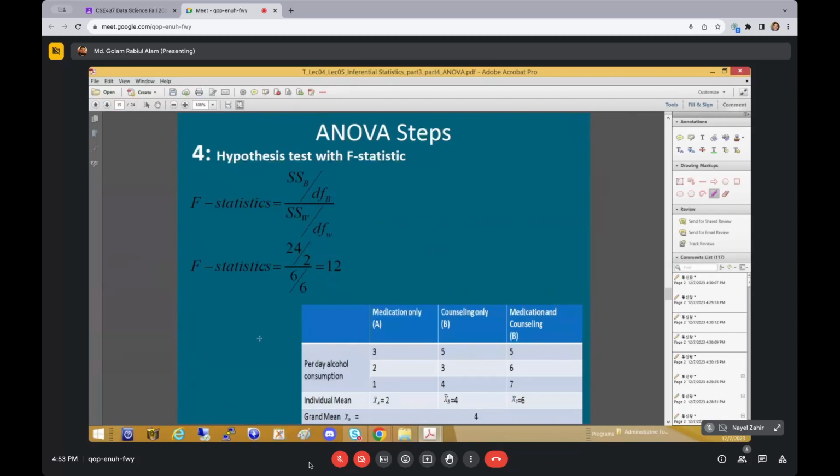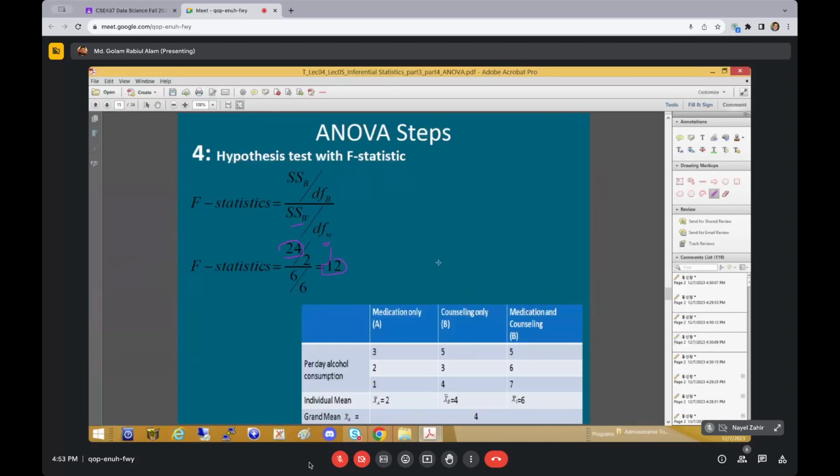Divided by DFB, which we have already calculated, is 2. And SSW is 6 and DFW is 6. So it is 12. So the F statistic we got is 12.